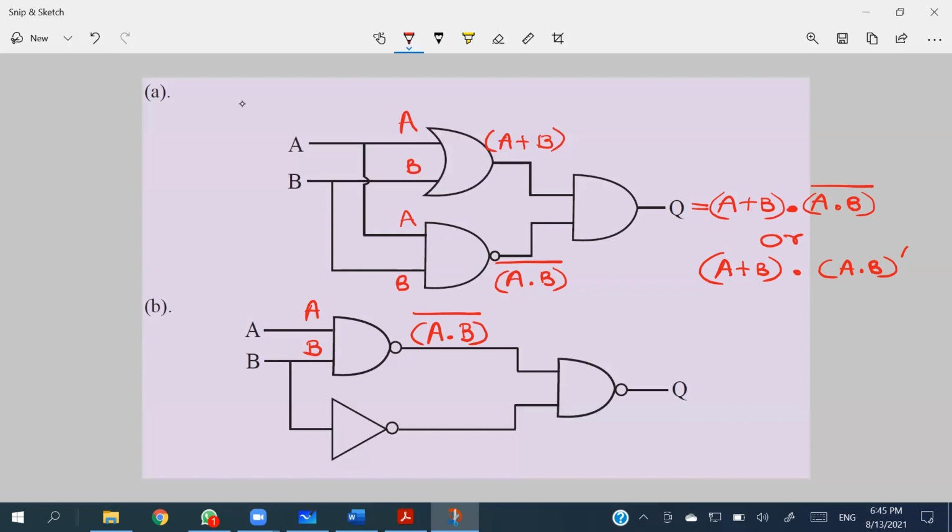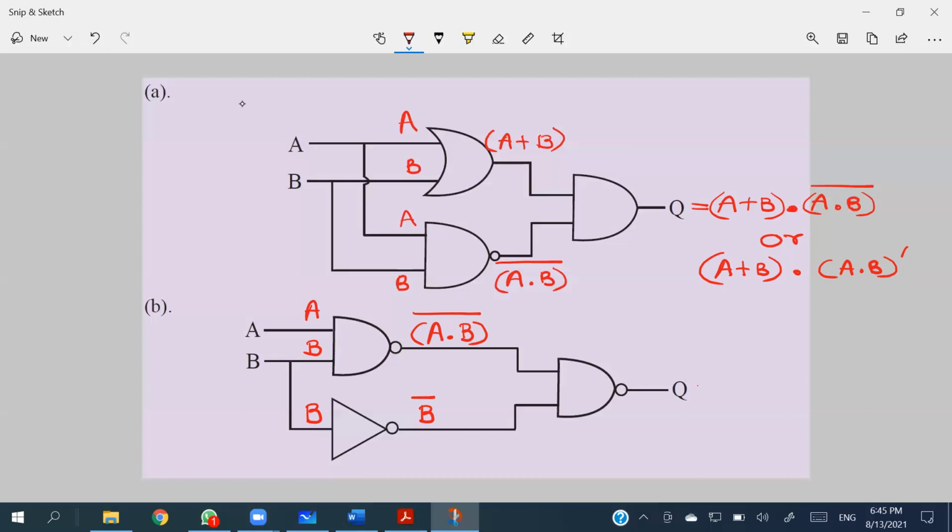And here the NOT gate is receiving B, since it is connected with the B, and it produces a B bar. So one side it has A dot B total bar, and the other side it has B bar. So those will be the inputs to this particular NAND gate.